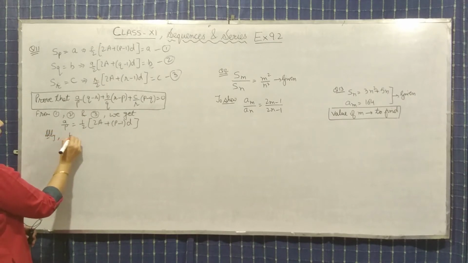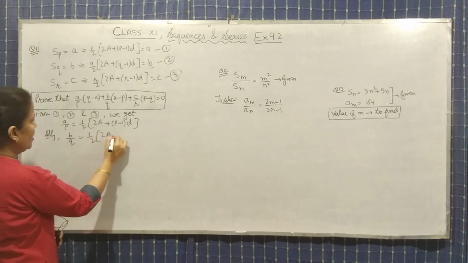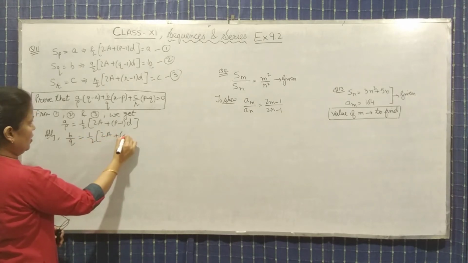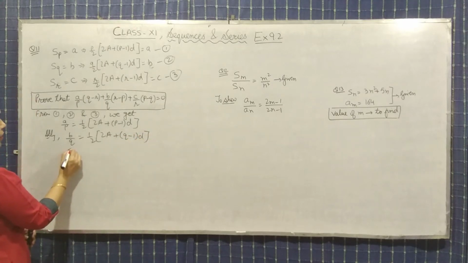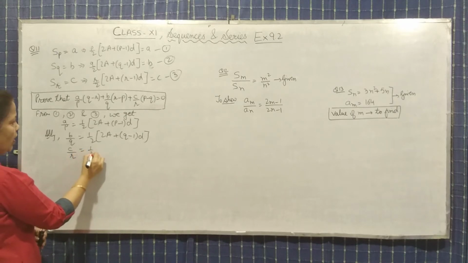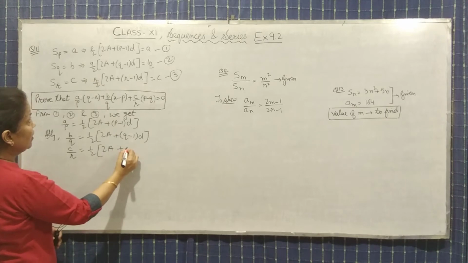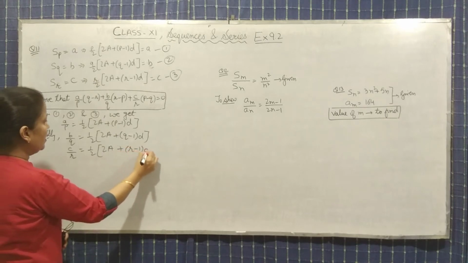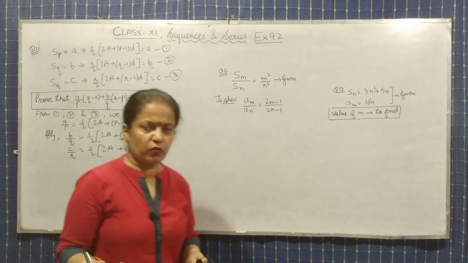Similarly, B upon q equals half (2a plus (q minus 1)d), and C upon r equals half (2a plus (r minus 1)d). Now tell me, what will you do further?